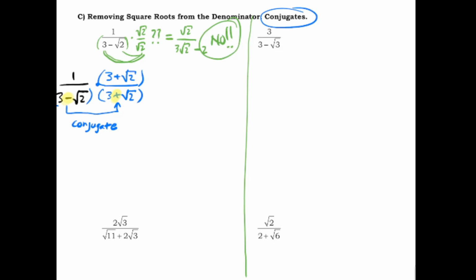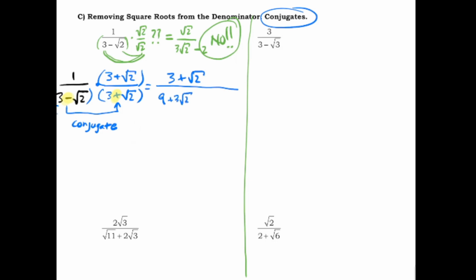Now, just trust me, that's going to work. Watch this. On the top, 1 times anything gives you the same thing, so that's fine. On the bottom, we got FOIL action, right? So you do the 3 times 3 gets you a 9. Then you do the outside, 3 times square root of 2 gets you plus 3 square roots of 2.